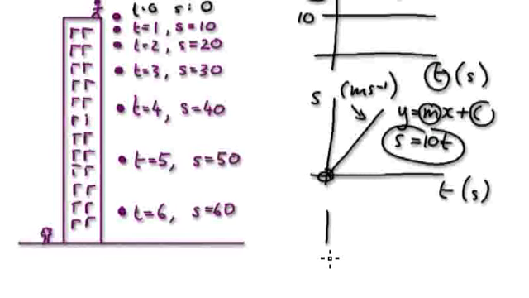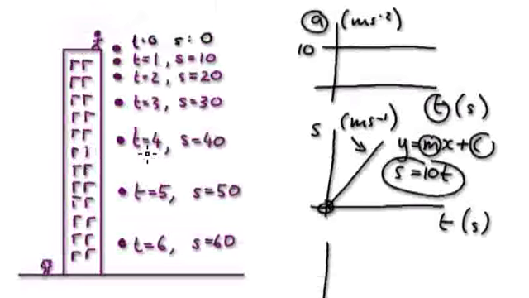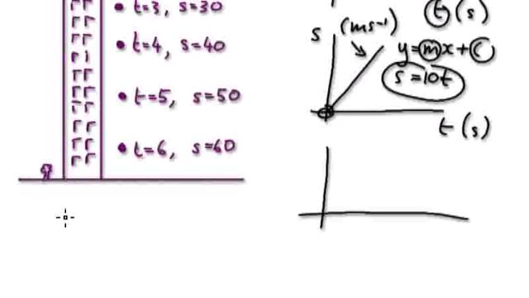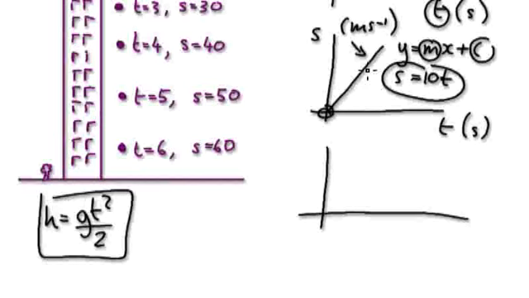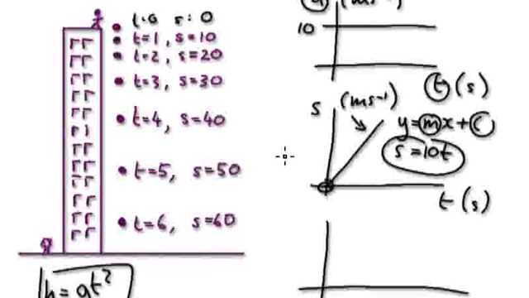Now your distance time graph, you can use a formula to work out the distance. So h equals gt squared over 2. You can use this, or we can use our speed time graph. So after 1 second here, the speed is 10.